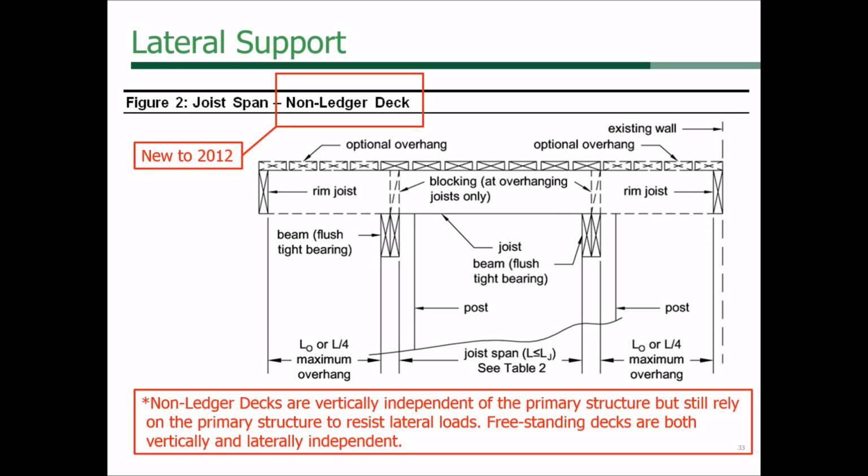A freestanding deck would be vertically independent: all the gravity loads are satisfied, the deck can support itself with gravity, and also laterally, so it can take care of any lateral forces. A non-ledger deck is vertically independent, meaning the deck can handle its own gravity loads, but it relies on the house for the lateral, which is what we're calling out with those tension devices. So we coined that term. There is no such thing in DCA6 as a freestanding deck. The best you can get is a non-ledger deck.